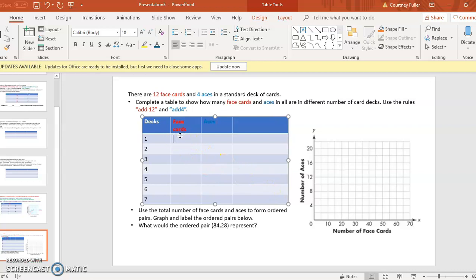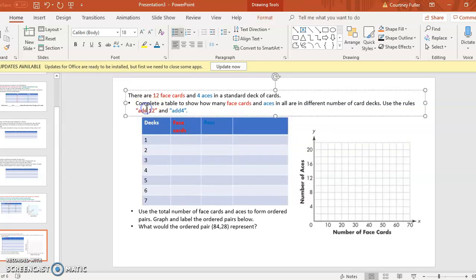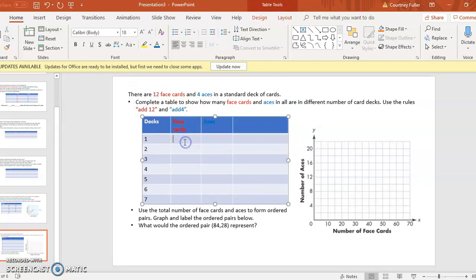Okay. Now, in the first deck, how many face cards are there? Again, we're looking at the red here. So what red rule are we following? We're following add 12. So in that first one, there's going to be 12 face cards. In deck 2, there's going to be 12 more face cards.